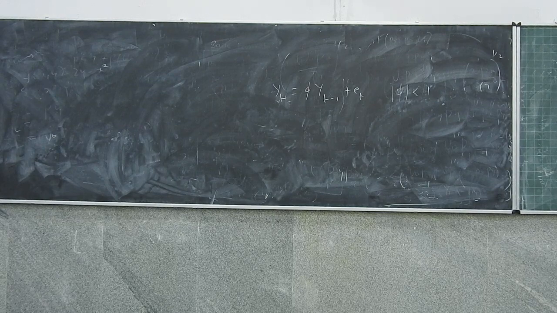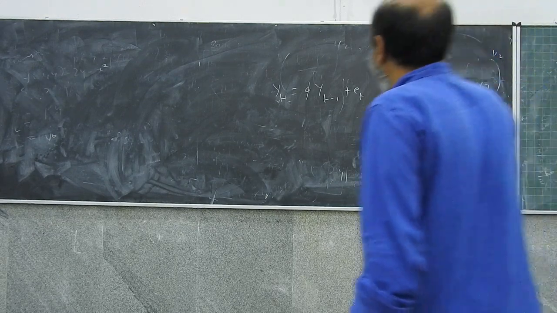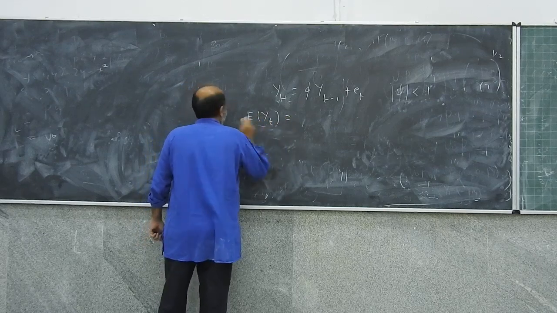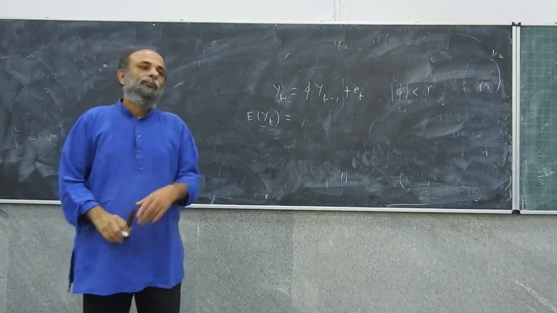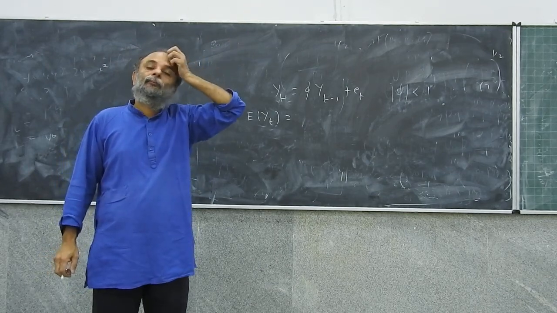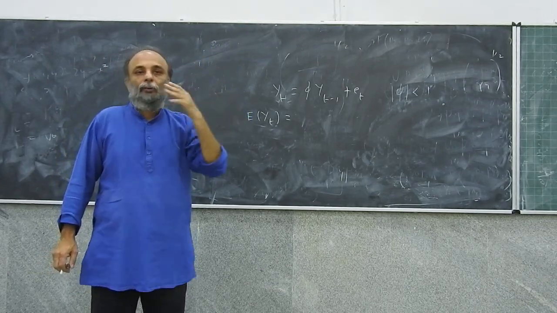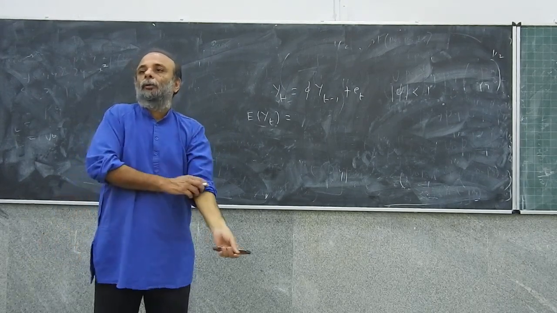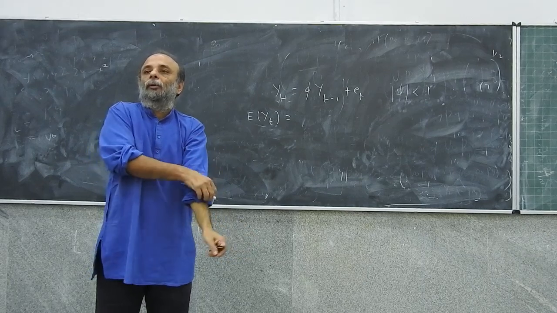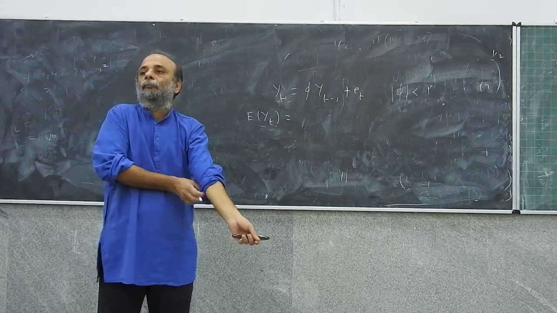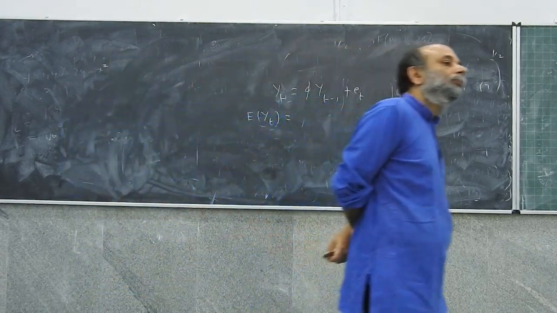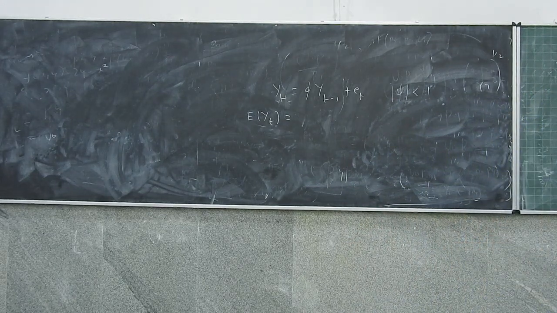What is the expected value of y_t? Can somebody tell me?